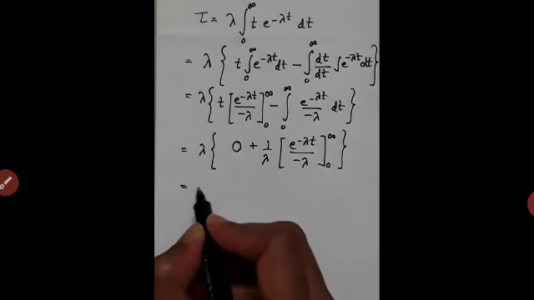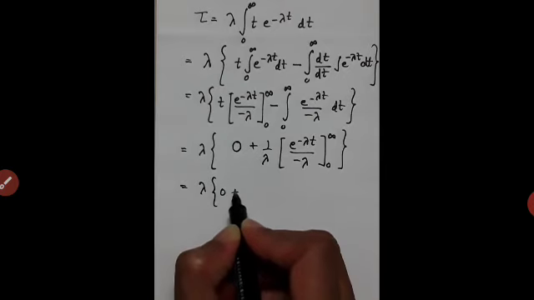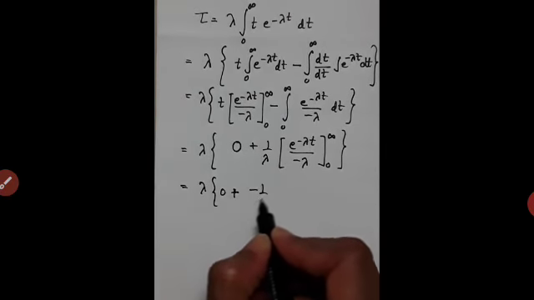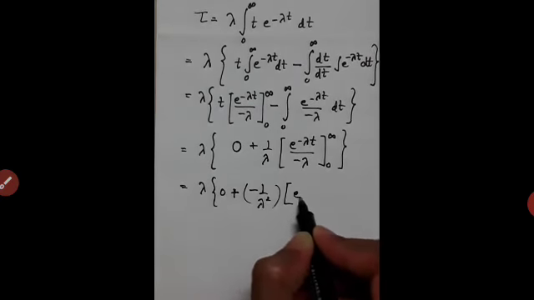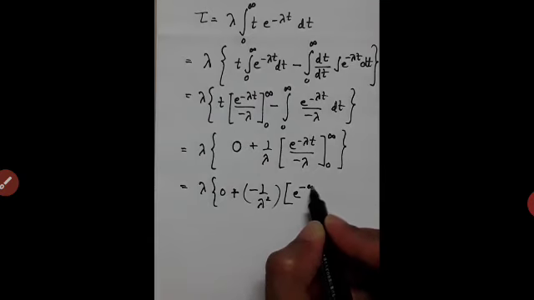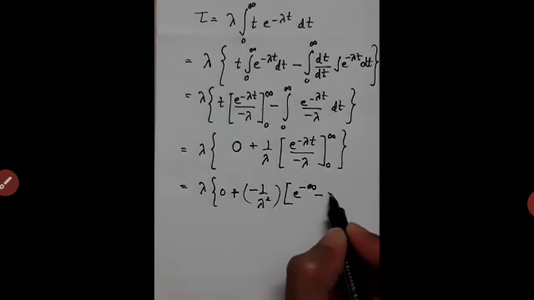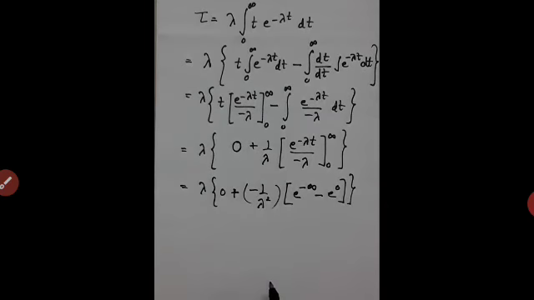This gives us lambda, plus minus 1 by lambda square, e raised to the power minus infinity, that's the upper limit, minus e raised to the power 0, that is the lower limit.